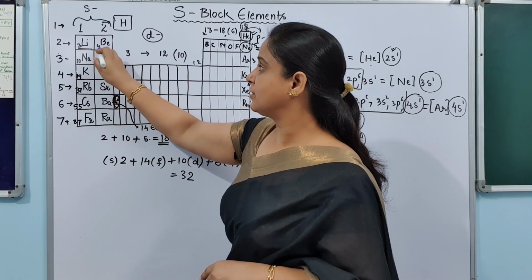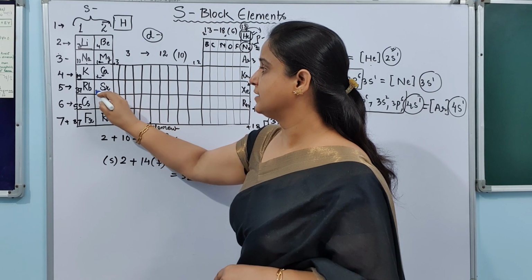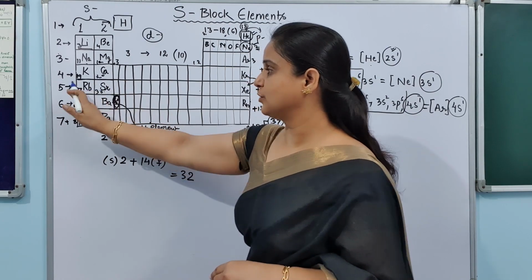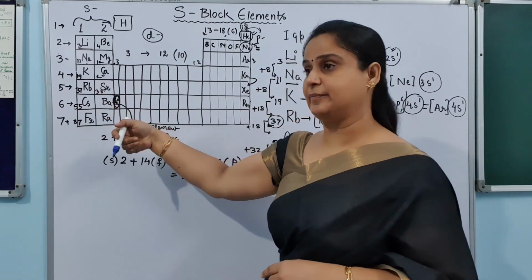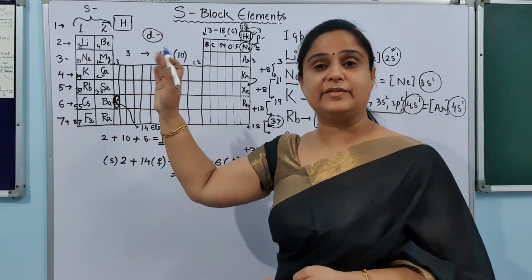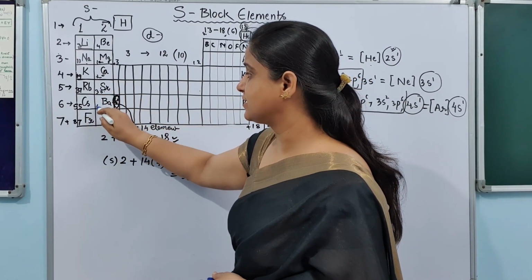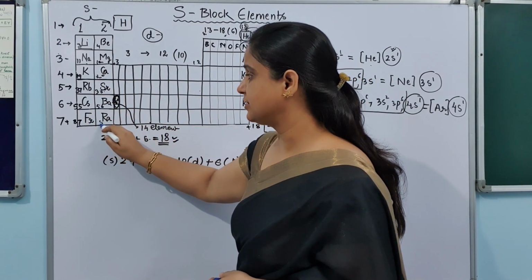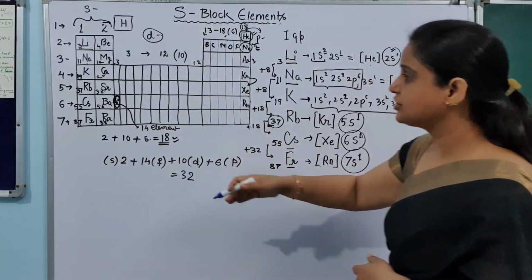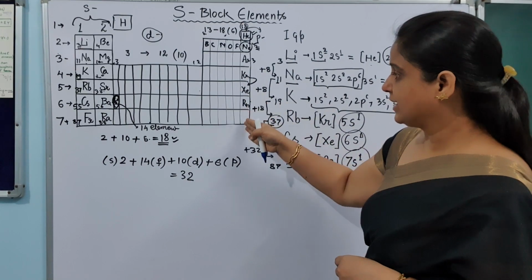So this is 4, this is 12, 20, this is 38. We are just moving to the right-hand side, so I am adding only 1. So there is no issue calculating it in the same way that we have done earlier. So this is 38, this is 55, so this is 56, this is 87, so it is 88. The configuration will become as we have completed these noble gas configurations.